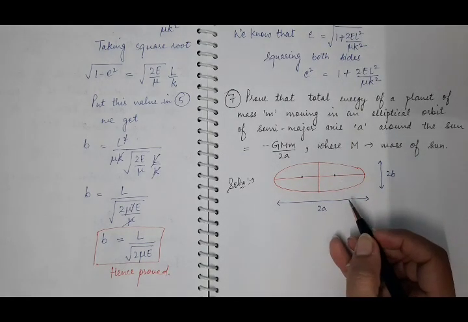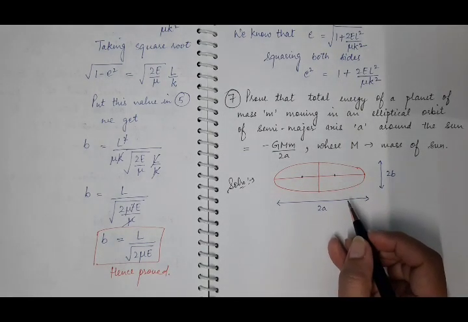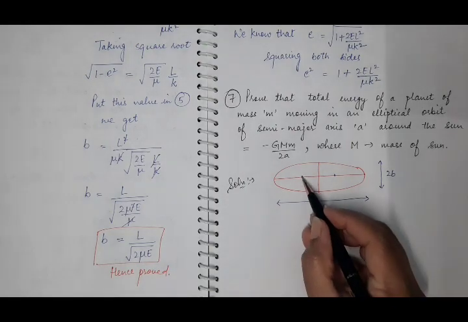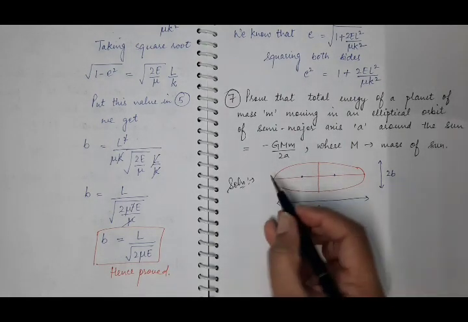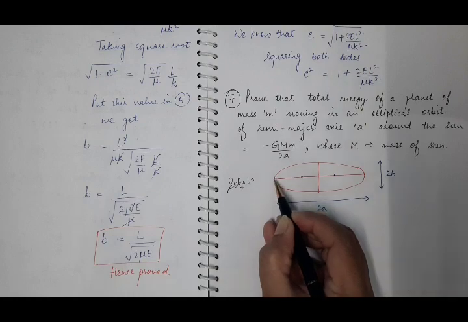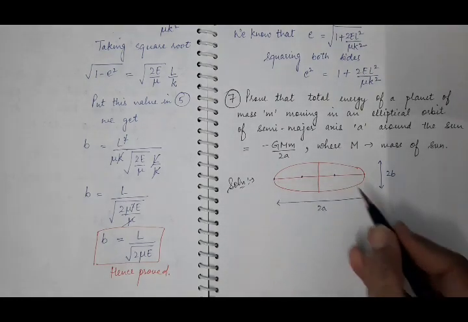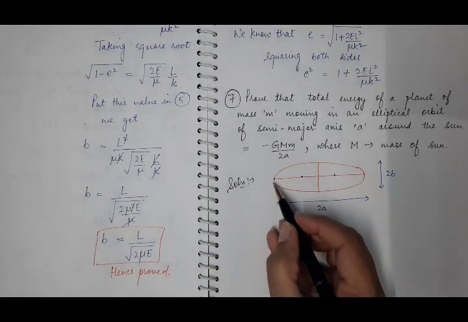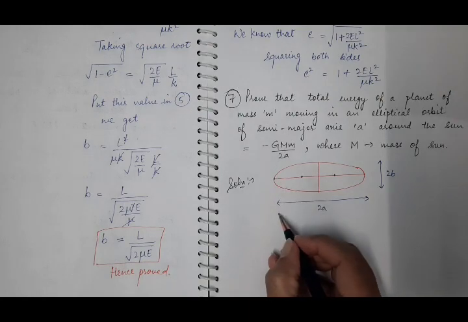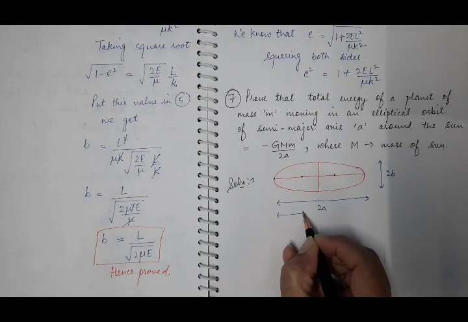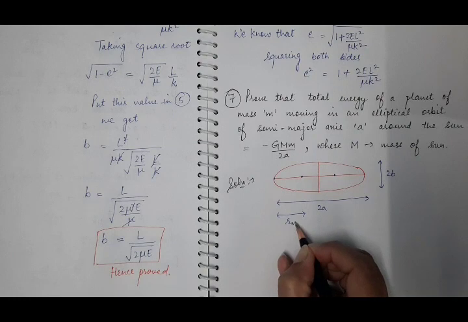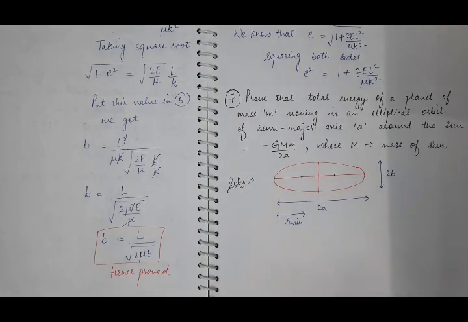So suppose the sun lies at the focus of the ellipse on this side. Then when the planet during its revolution is at this point, its distance from the sun is minimum. So this will be our minimum.